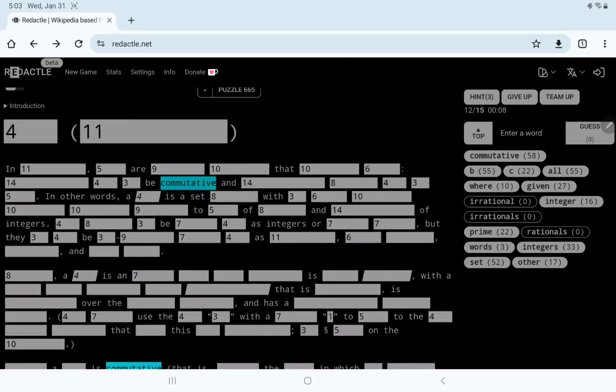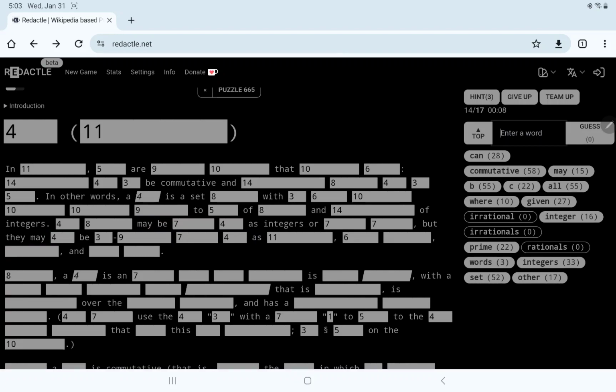Ooh, so this is a very important condition, I suppose. Maybe, can be, oh, must not be, maybe. Interesting. So, 11, 4, not, will not be? No.